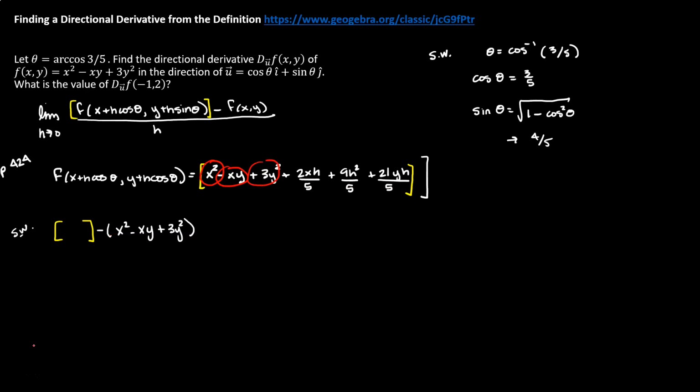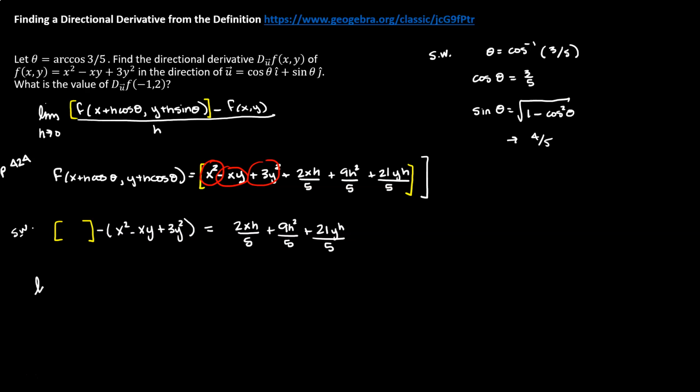When we subtract that off, we are left with the remaining terms, which is the 2xh over 5 plus 9h squared over 5 plus 21yh over 5. So our numerator, after all of our scratch work, simplifies down to these three terms.